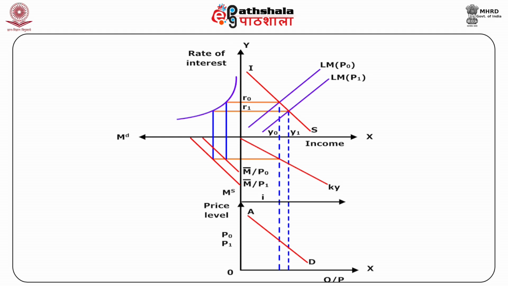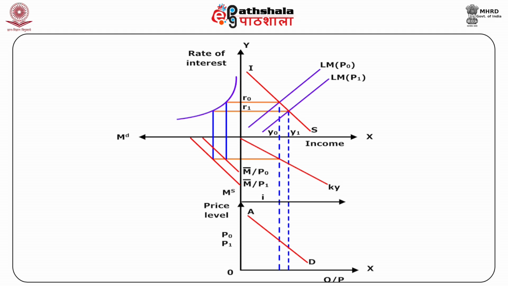As a result, what has happened is, when the price level has fallen from P0 to P1, the rate of interest has gone down and consequently the level of income has increased from Y0 to Y1. Now, if we were to extend the dotted line from Y0 and Y1 respectively down into the fifth quadrant.